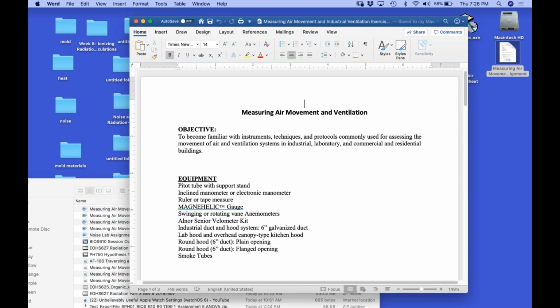Once we get that, we're going to convert that. Make sure you use the last readings that we've done. Everybody use the same readings.